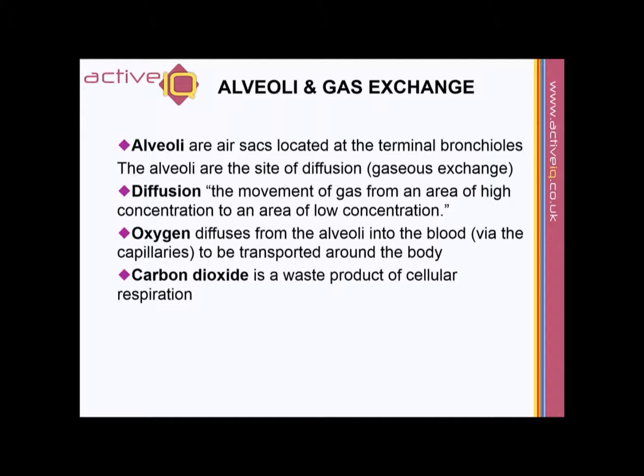So, as the oxygen comes into the body, it diffuses into the blood through the alveoli. The oxygen is then transported around the body in the blood via the capillaries and larger vessels. And finally, carbon dioxide is a waste product of cellular respiration. So, carbon dioxide is breathed out.